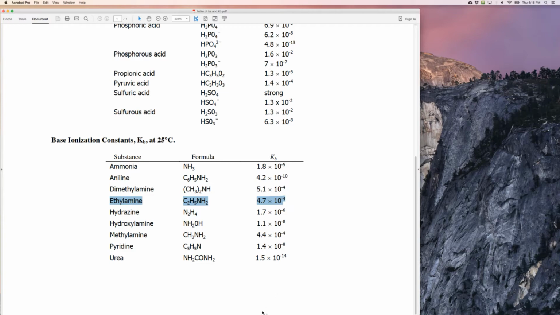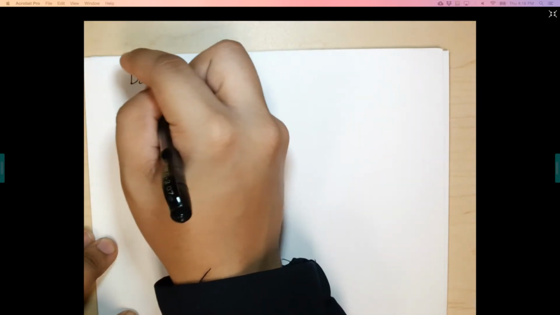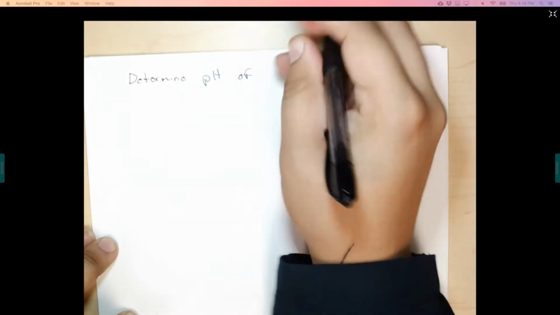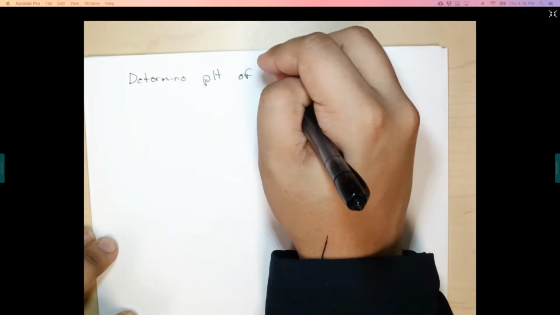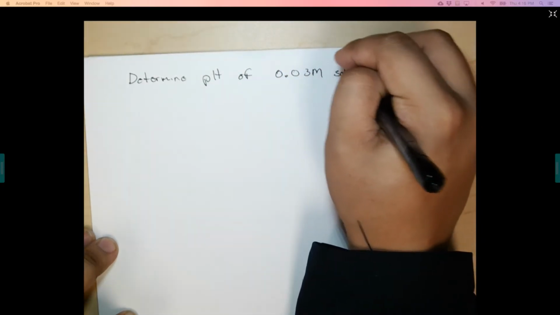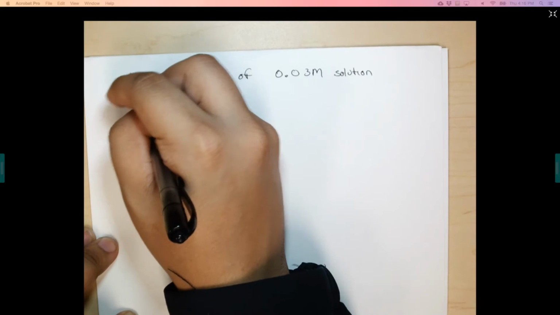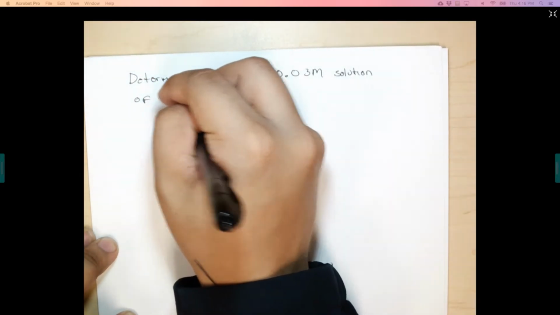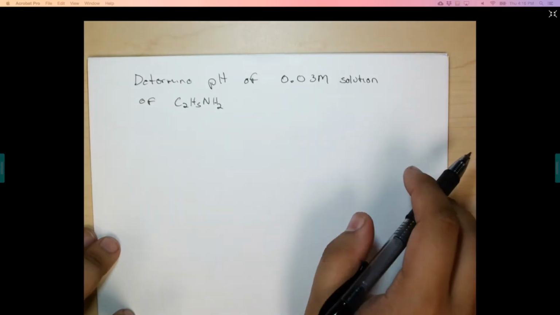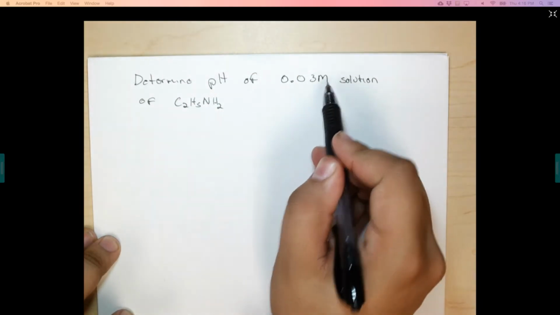So the question that I want to ask is something along the lines of, can you determine the pH of a, let's say, 0.03 molar solution of C2H5NH2?